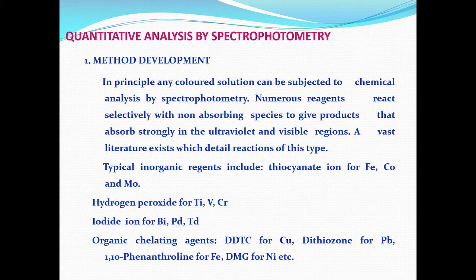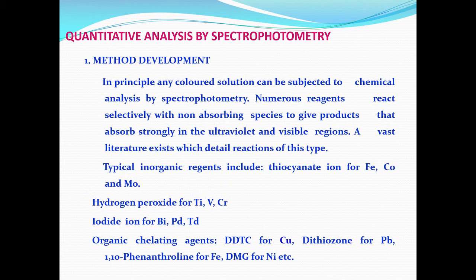So, there is a vast amount of literature that details reactions of this type. Typical inorganic reagents include thiocyanate ion for iron, cobalt and molybdenum. All the thiocyanate ions react with iron to give you a red color, cobalt a red color, and molybdenum also a red color.